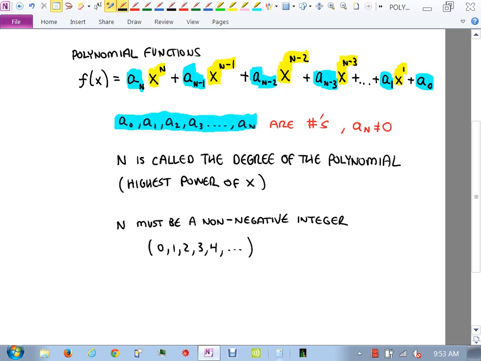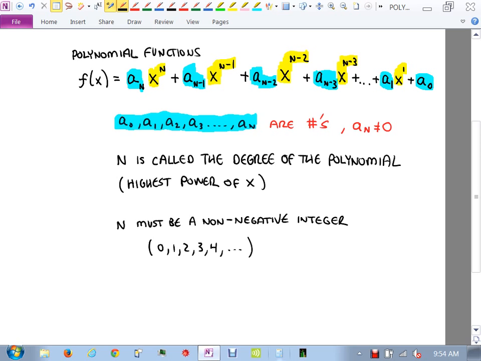Okay, so let's just recap what a polynomial is. A polynomial is basically a function that has x's to powers, right? And those powers have to be non-negative integers. So you can't have x to the negative 2, or x to a fraction. It must be a non-negative integer.